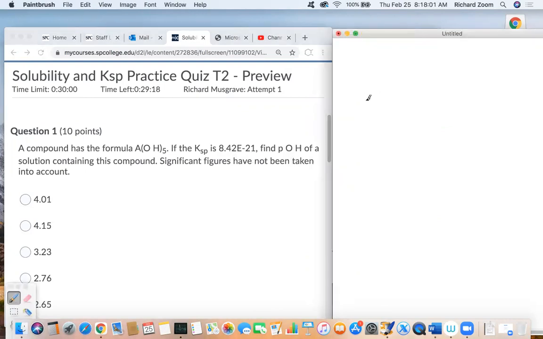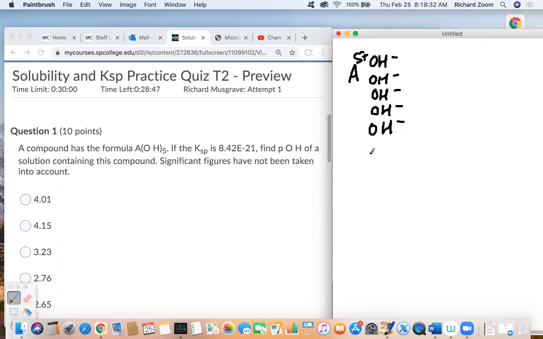All right, so let's see how we would go about this. AOH5, if I drew a picture of it, would look like this. It'd be A5+ and then 5 OH-. Does anybody have any questions about this so far?